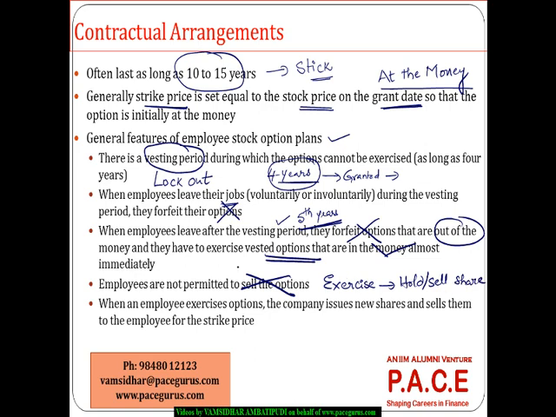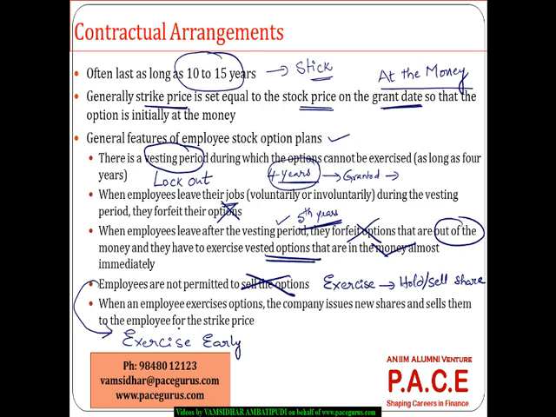So this is one of the prime reasons we find that in the case of employee stock options, the employees really try to exercise early. Whereas we talked about a regular call option issued on the exchange, there is no motivation for exercising it early. When we are talking about ESOP, it is very much a benefit to exercise early because I can't sell it at any point.